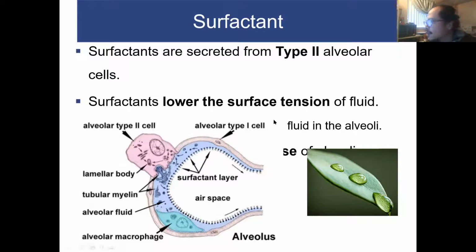Why does the water form a droplet? It's because of the surface tension. And the surfactant reduces that surface tension. The surface doesn't really have the tension to hold it together. It will relax, and then it can lay on the surface of the alveoli. So that's that.